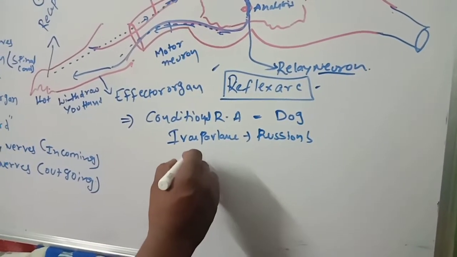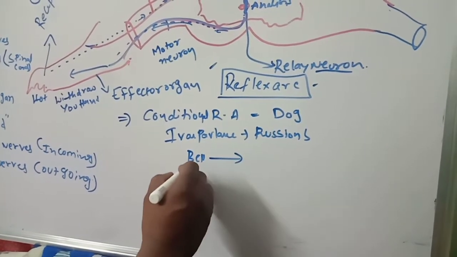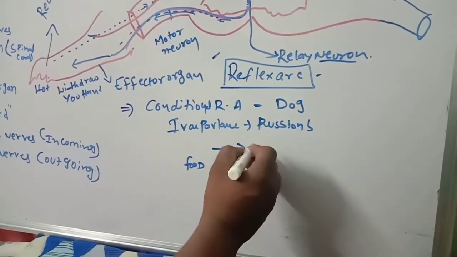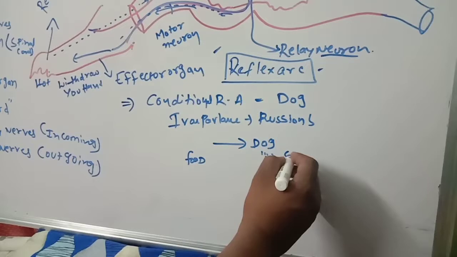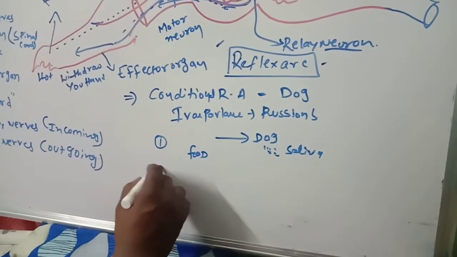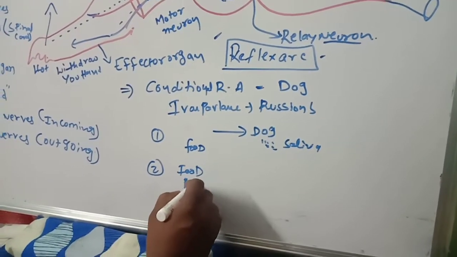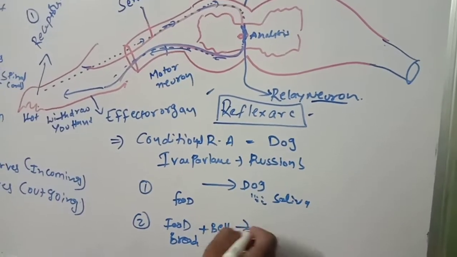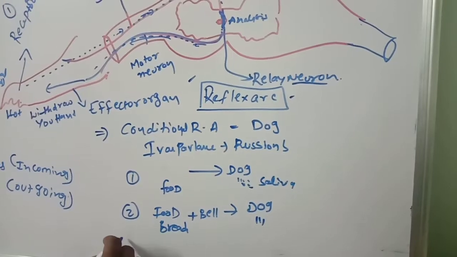First he gave food to the dog, and the dog secreted saliva. In the second case, he gave the food, bread, and also rang the bell together. The dog secreted saliva.